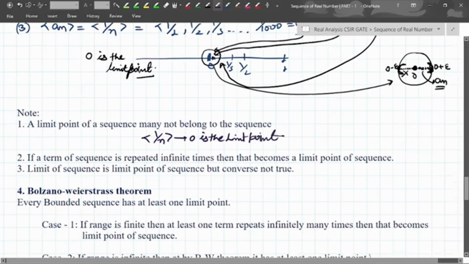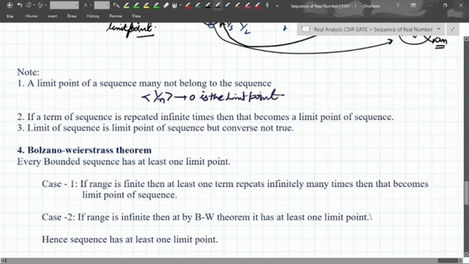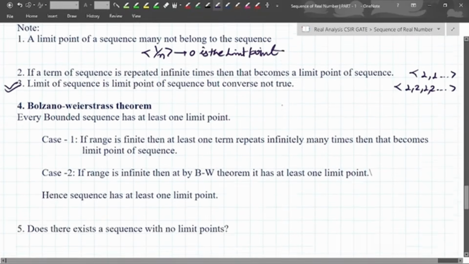Next, if a term of the sequence is repeated infinitely many times, then it is a limit point. For example, 1 2 1 2. You can see the example here. The limit of a sequence is a limit point of the sequence, but not conversely; that we will discuss in the next videos on the limit of a sequence.